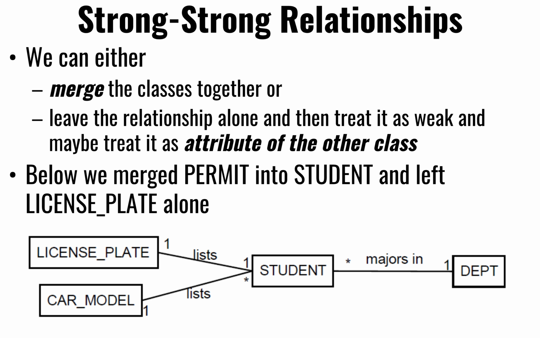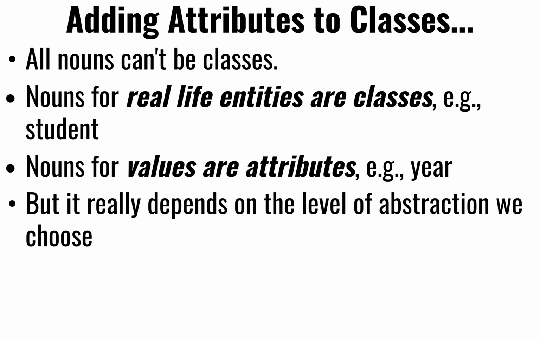You have the student, which has maybe the permit information, but now it would have to capture also foreign keys and primary keys that would link to the other concepts or the other classes that the permit was referencing. Right, so all the primary keys and foreign keys that used to belong to the permit are now subsumed by the student class.